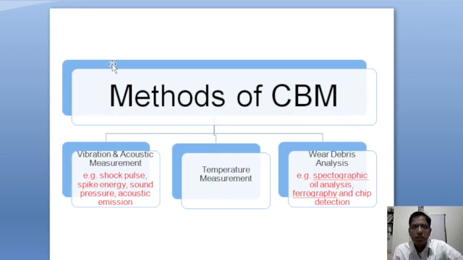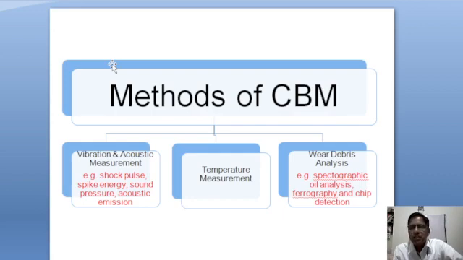Because of that, the temperature of a component increases, and by monitoring it, you can detect the presence of a fault in the machine. So temperature measurement is one of the important condition based monitoring techniques. But the drawback of temperature measurement is that it doesn't give the exact location of the fault, and neither does it give the remaining useful life of a component.